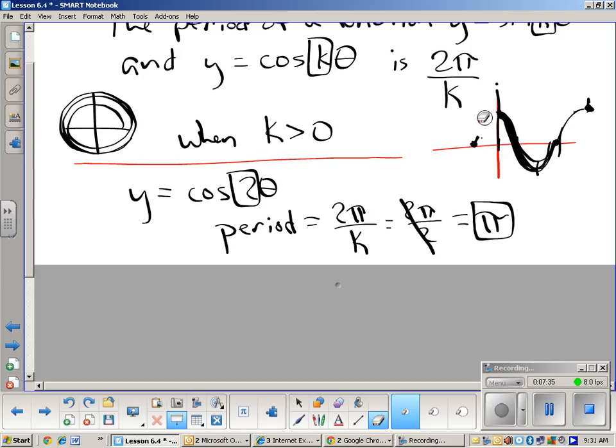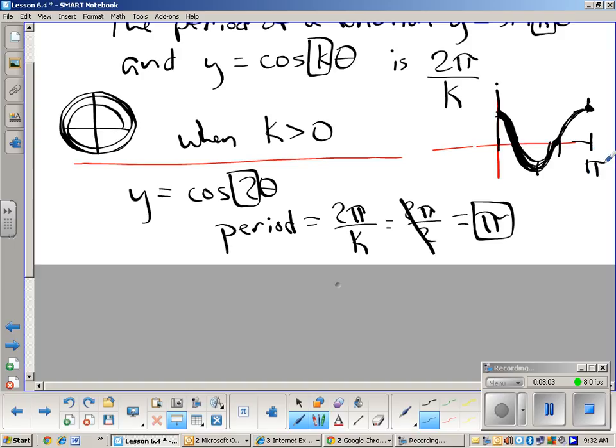Let's erase it. All right, so here's my cosine graph. And so it starts at 1, goes to 0, goes to -1, goes to 0, goes back up to 1. It's ready to start over again. It'd be that same cycle over again. And so if my period is pi, then I would call this pi.